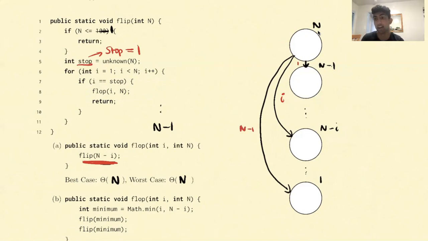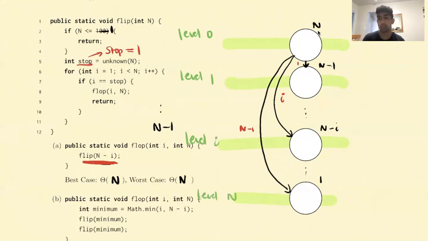Okay, and now this is a very, very important realization to make: if we divide up this tree into levels, okay, so in this case, this is level 0, level 1, level, it's kind of in reverse order, my bad.